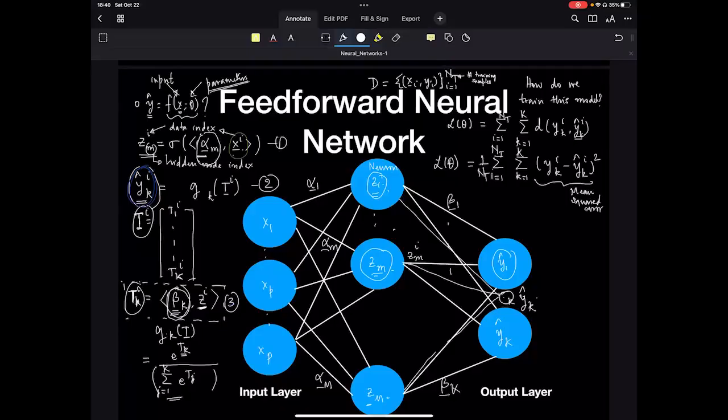Now, the question is, is L of theta convex in theta? Okay, why am I asking this question? The reason I'm asking this question is, now if you see, I have L of theta and I have a square term here, right?